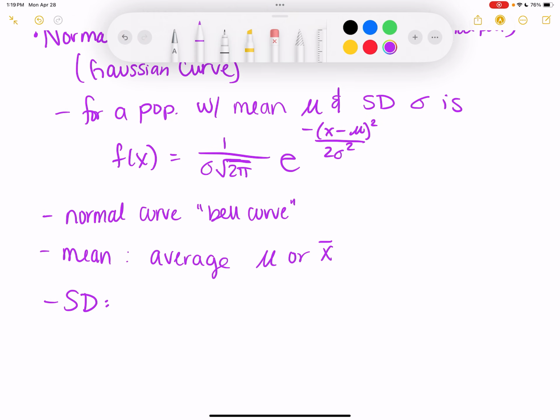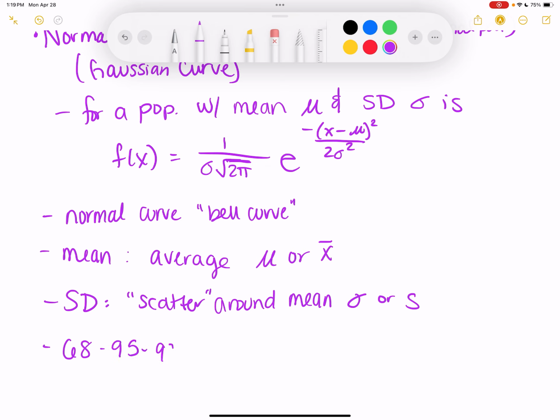Standard deviation is the scatter around the mean. How many more of these are there? I only have 2 more lines for listing stuff. Just one more line. Oh, nice. And then just remember the 68, 95, 99.7 rule for normal distribution.